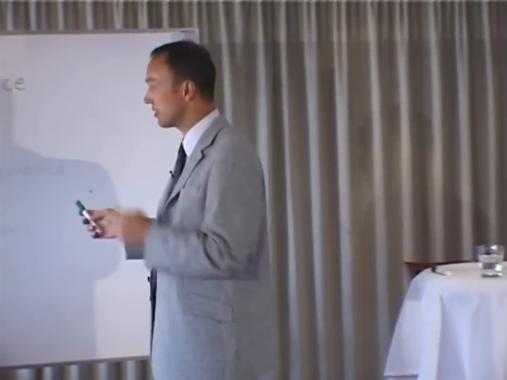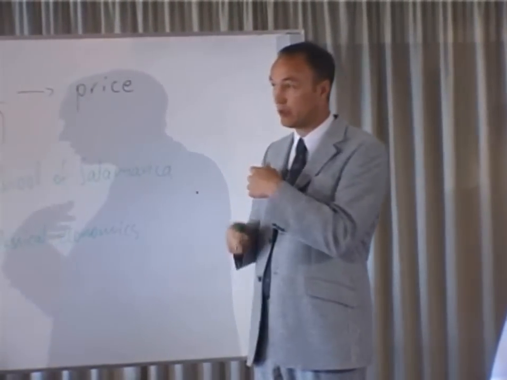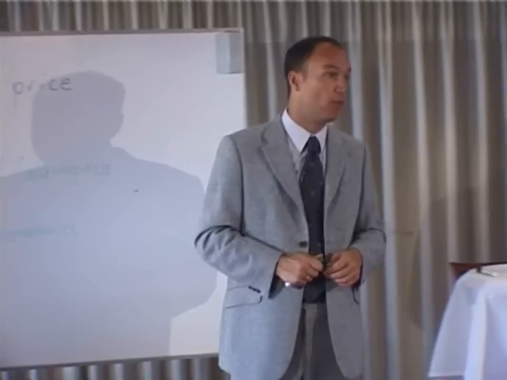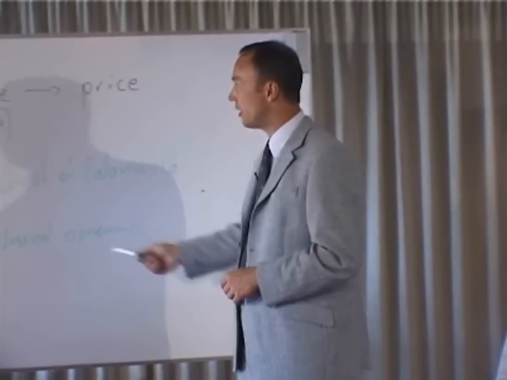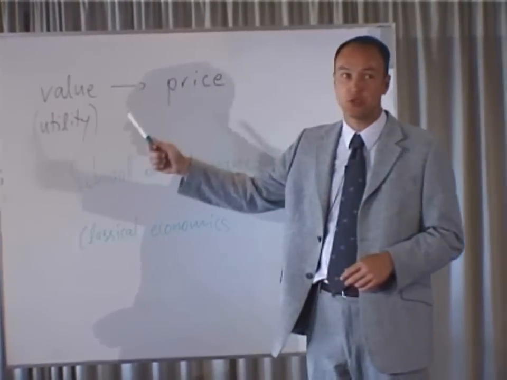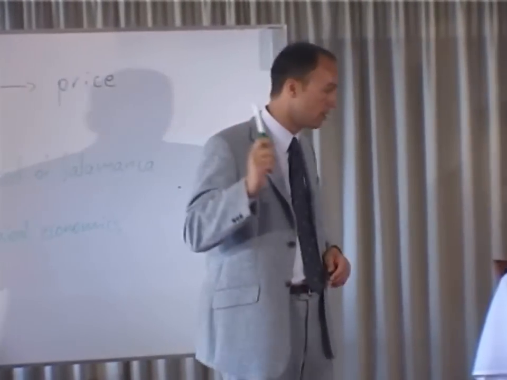So this was the classical paradox of value, also sometimes called the diamond-water paradox. Because in fact these two examples that I've used are the most widely used examples to illustrate the paradox. Now, the solution to this paradox is to be found in the principle of marginal value, and here the emphasis is on marginal.